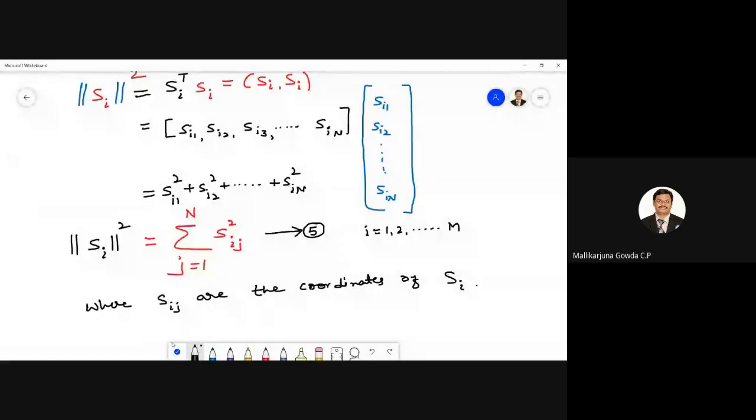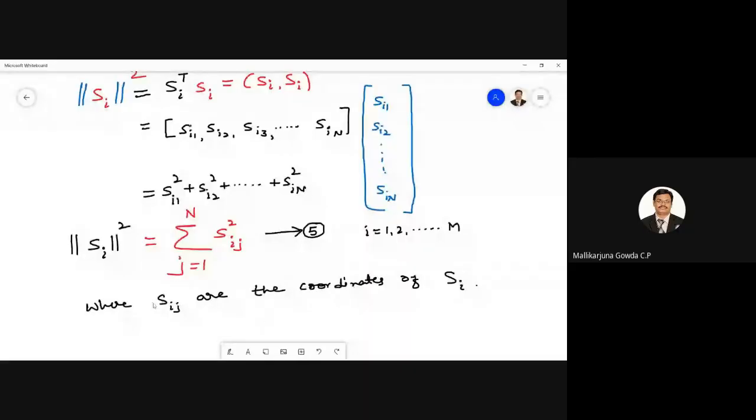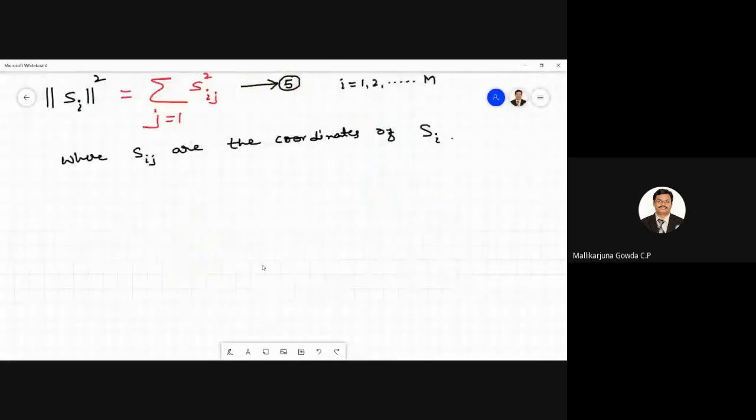Hope this point is clear. The square length of the signal vector will be equal to summation j is 1 to n of S square ij. I said it is the inner product or dot product of the signal vector Si with itself.